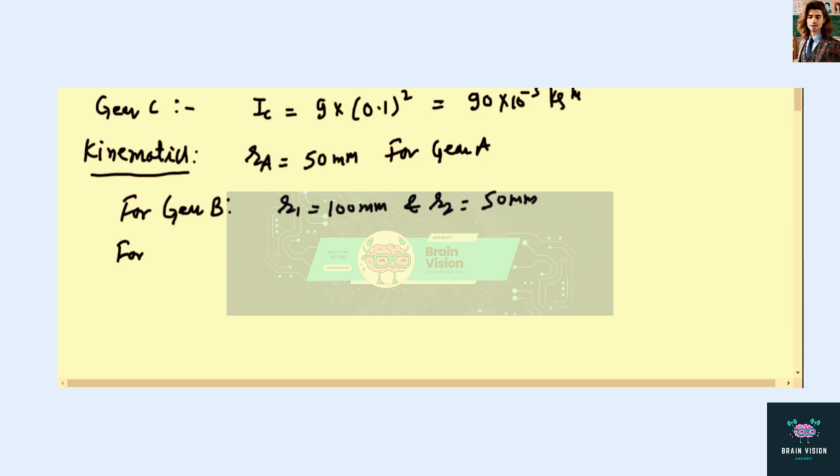And for gear C, the radius RC is 150 millimeter.